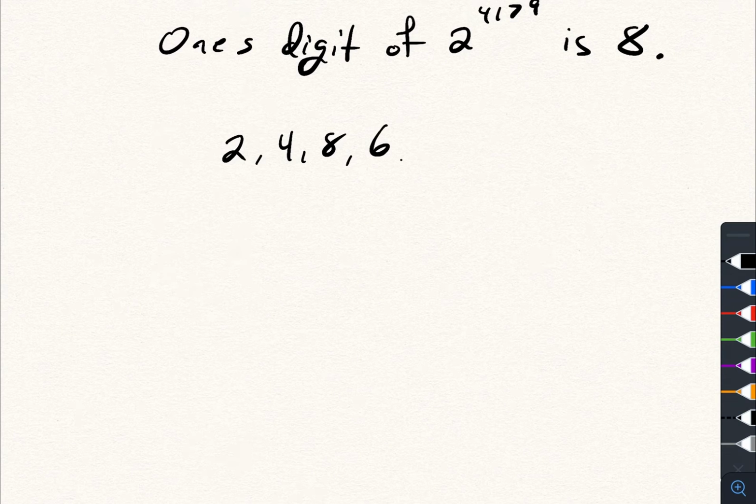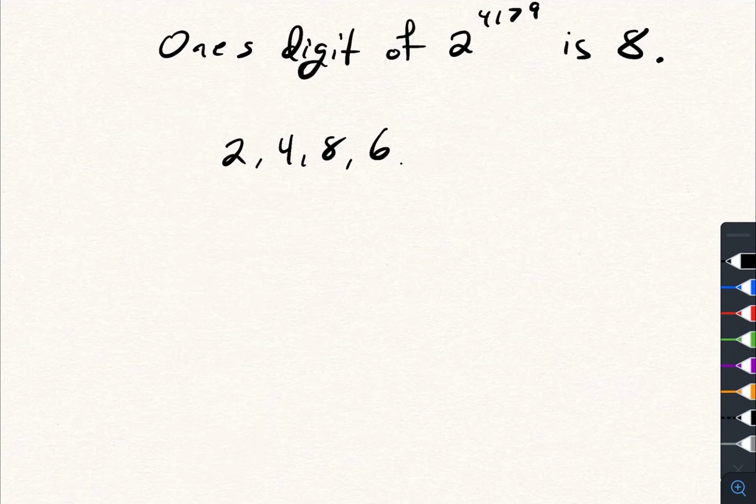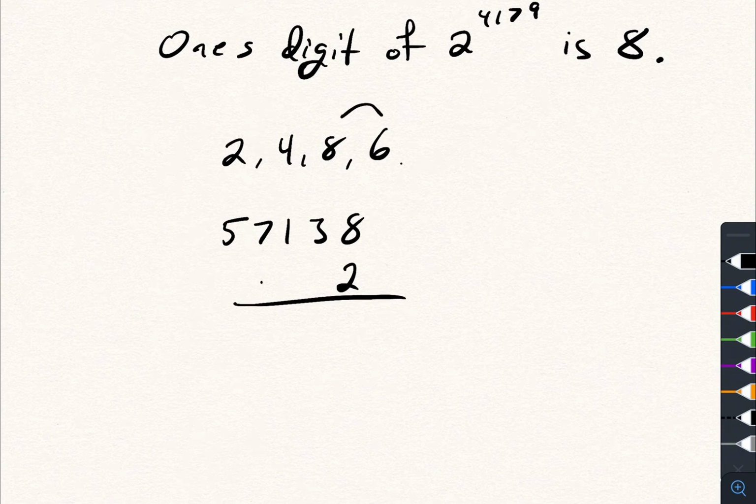So we have some number. I'm just going to write down some numbers, thinking about variables. If it were just me doing it, I would probably jump straight to using a variable here. But let's just say I have a random number. This won't really be a power of 2, but let's say 57,138. Let's pretend that this is a number in our sequence, and let's say that we multiply this number by 2. The pattern would say that the next ones digit should be a 6.